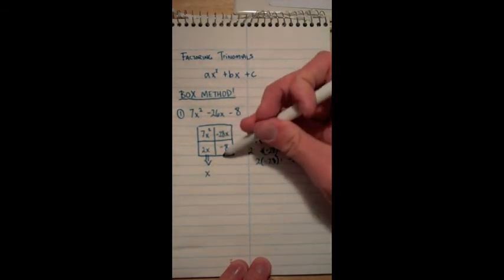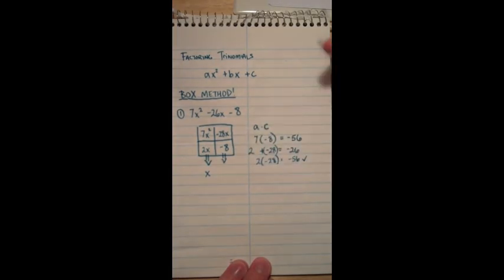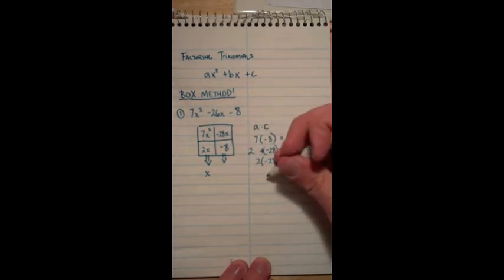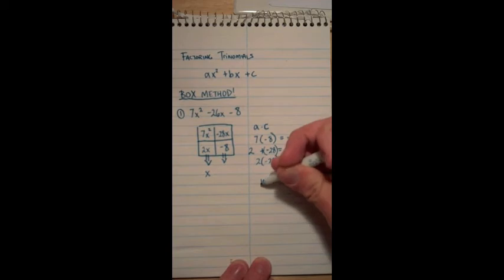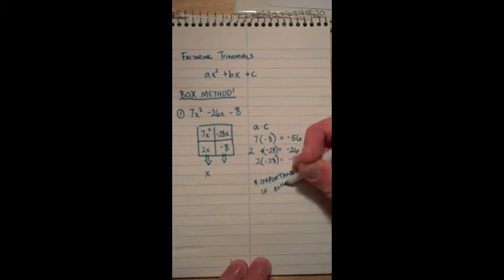Now let's find the GCF of negative 28x and negative 8. Now notice a really important thing right here, and I'll write this down: important. If both terms are negative, then the GCF is negative.